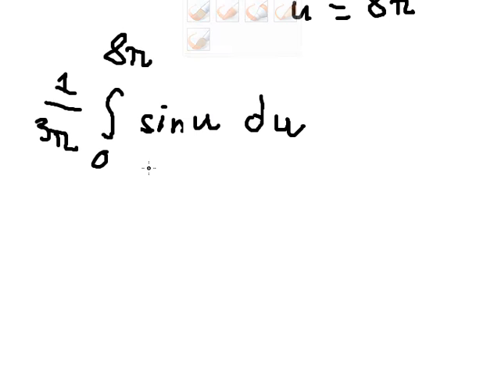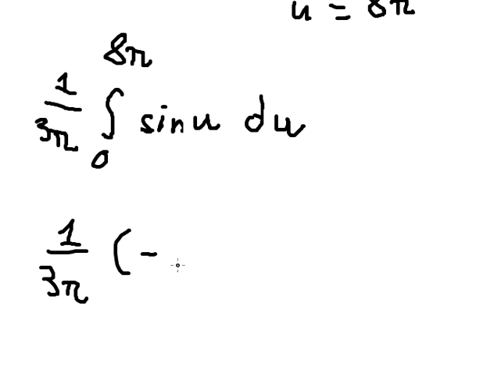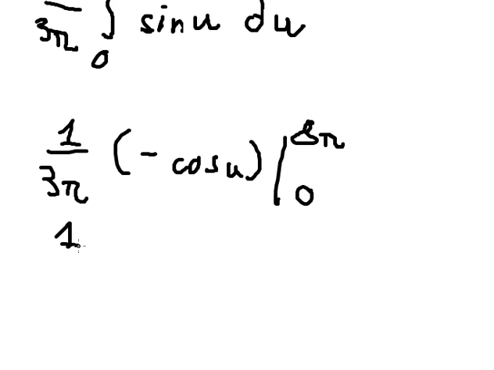The integration of sine u is negative cosine u. And we put the bounds from 0 to 8π. And now we have the final answer.